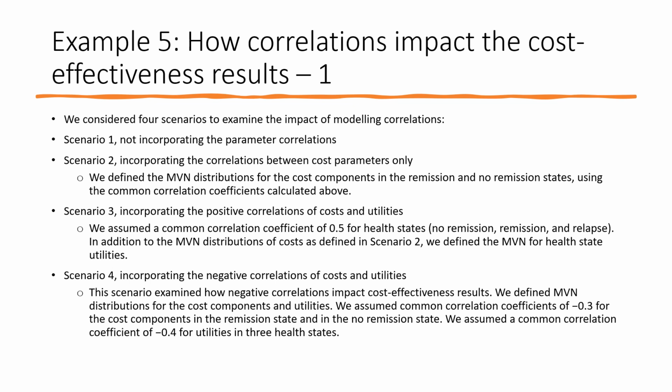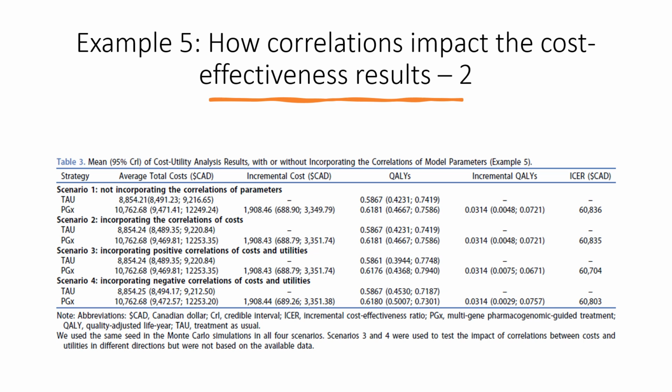Scenario 3, incorporating the positive correlations of costs and utilities. Scenario 4, incorporating the negative correlations of costs and utilities. We ran 100,000 simulations to simultaneously capture the uncertainty in all parameters for the 4 scenarios. For each scenario, we calculated the mean and 95% credible interval.